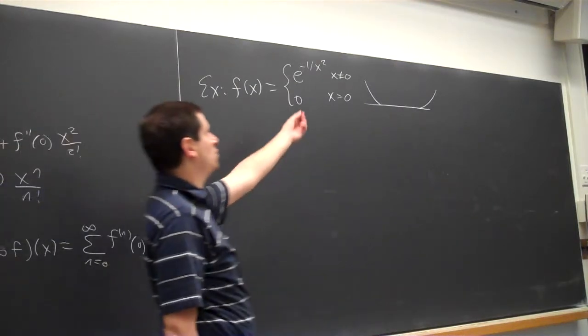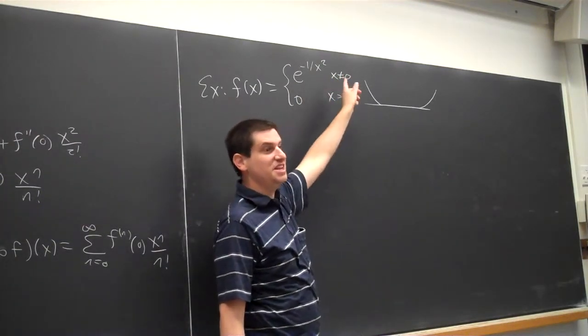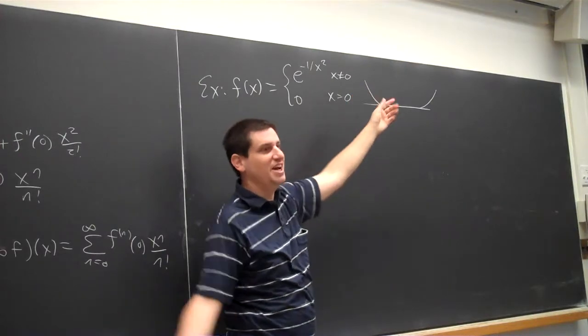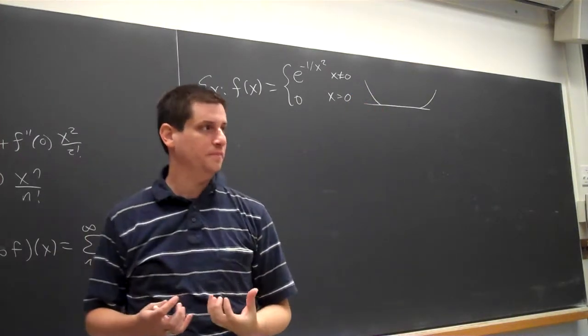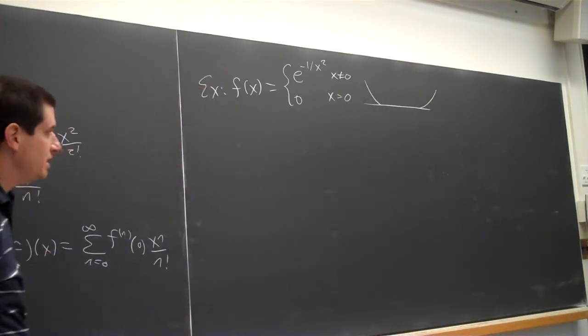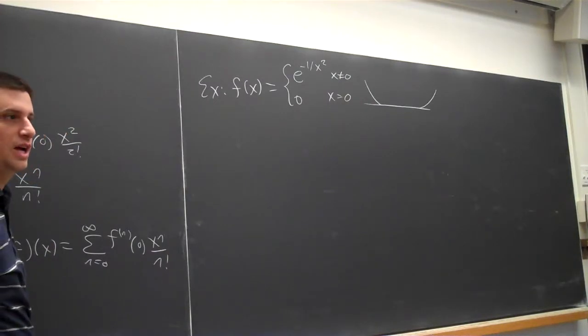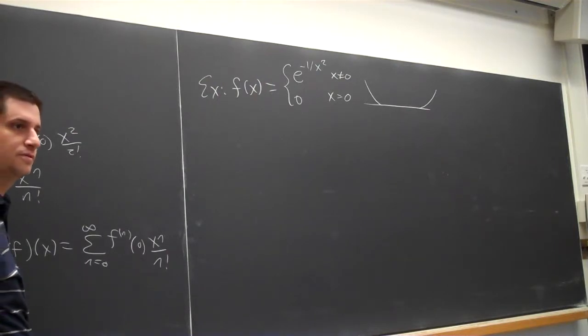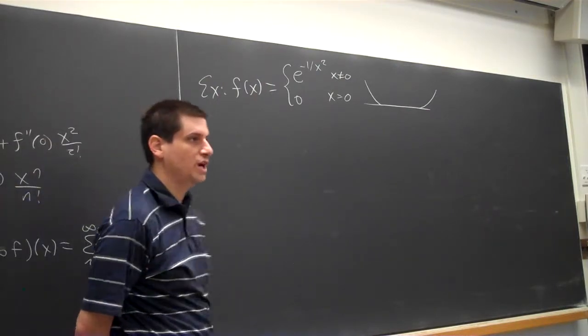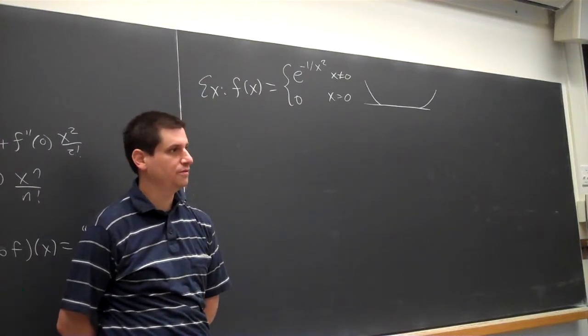If x is small, like 1 over a million, this is e to the negative million squared. This function really crunches down. Let's calculate its derivatives. How would I calculate the derivative of this function if x does not equal 0? So how would you calculate the derivative?